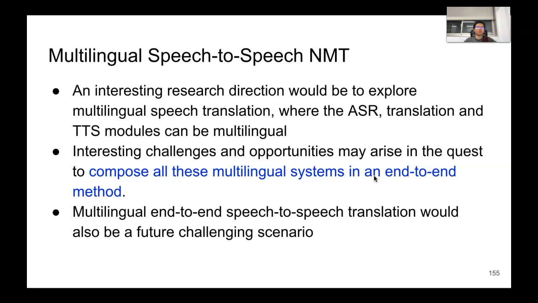Obviously, multilingual end-to-end speech requires training data of multilingual speech-to-speech translation, right? And which will be very sparse, very low resource. So how to learn it in an end-to-end way? How to do transfer learning? How to address this zero resource or zero-shot setting would be a very challenging scenario that we can explore.